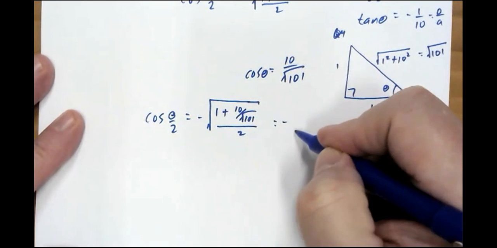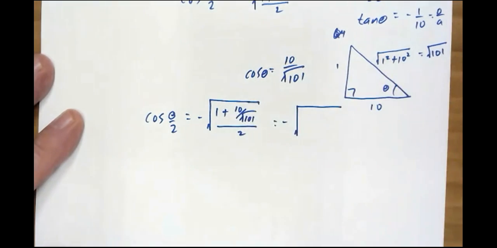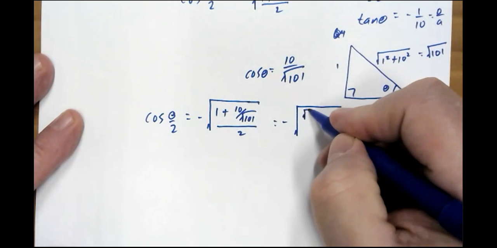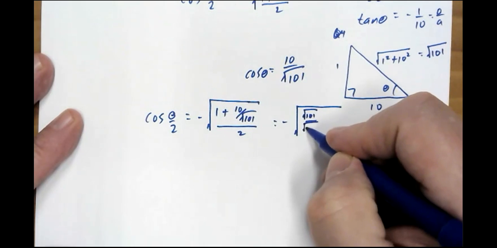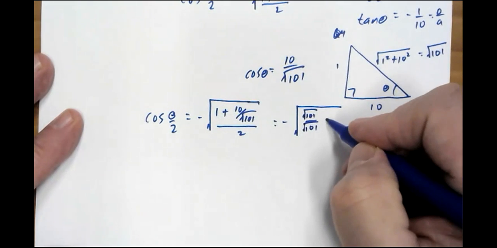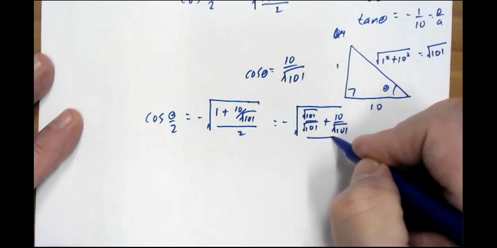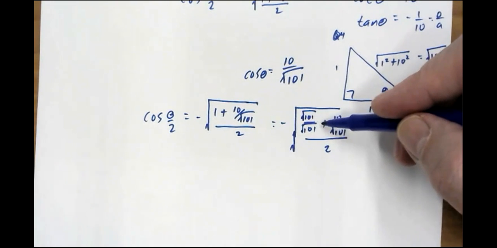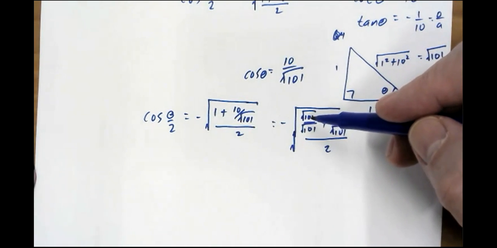So really, so you can see what I'm doing, because this is pretty messy. To combine these, I need a common denominator. So I'm going to rewrite 1 as square root of 101 over square root of 101 plus 10 over square root of 101, and all that is over 2. Right? So all I did was rewrite 1 as square root of 101 over square root of 101.